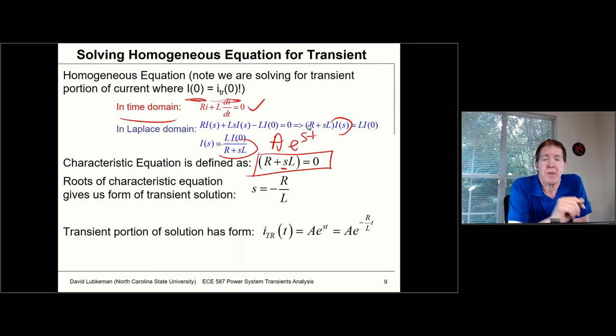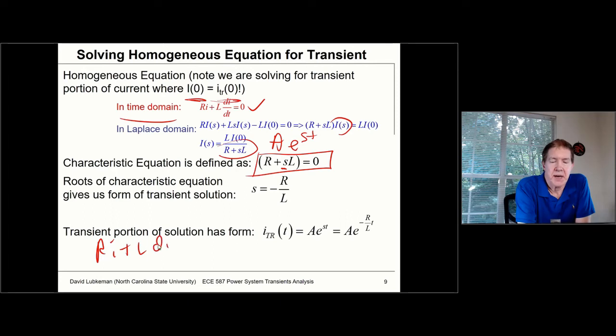Another way you could think about this is if you had something of the form Ri plus L di/dt equal to 0, everywhere you see a derivative, you just replace it by s. If you saw a second derivative, you replace it by s squared.